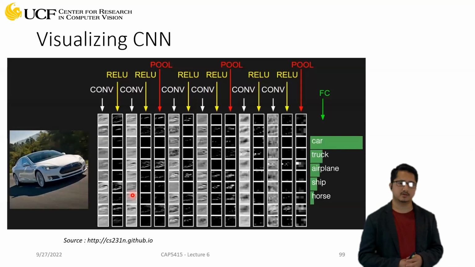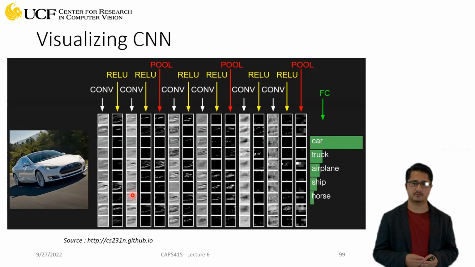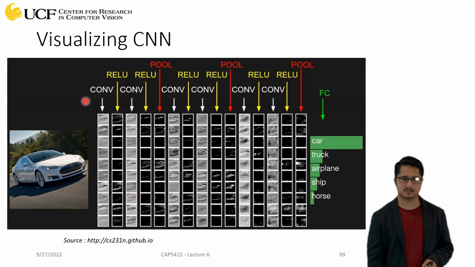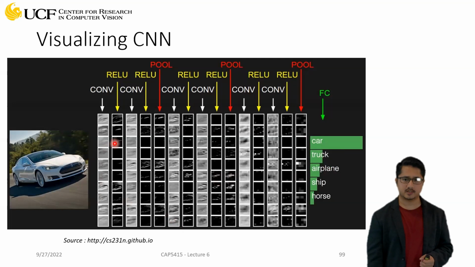Now let's try to understand what the data flow in your network looks like. Okay, so again, this is one sample CNN architecture where we have different conv layers. We have different activations. We have pooling in between. And then finally, we have the fully connected layer, which is giving you predictions. So let's try to understand how the data flows. Your input is, let's say, this image.